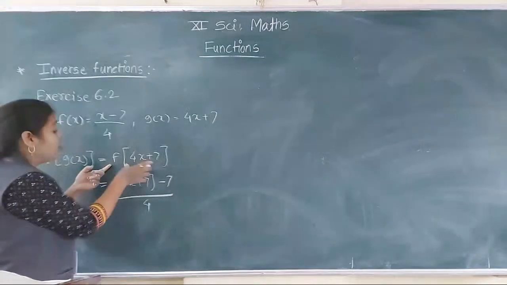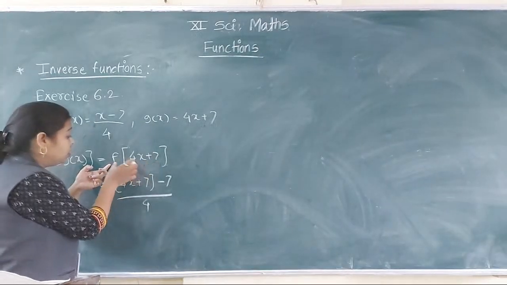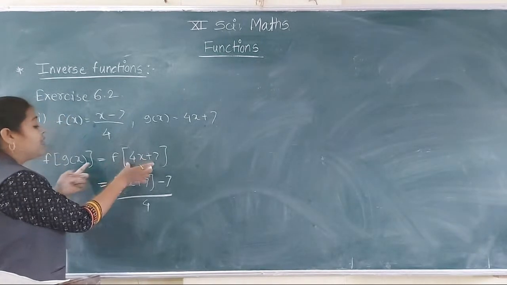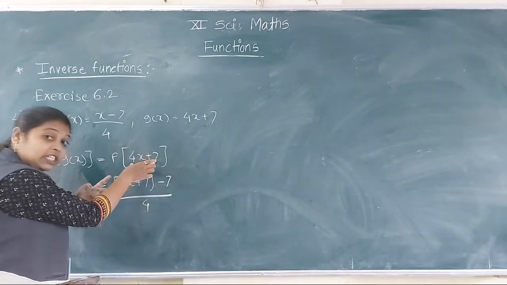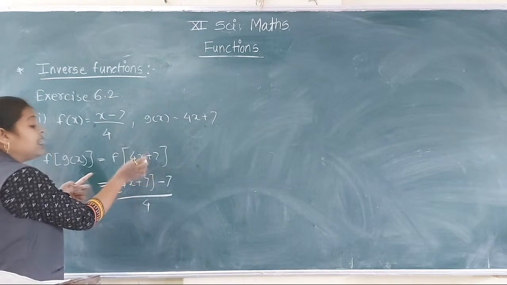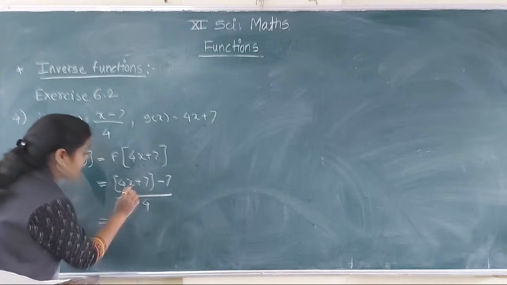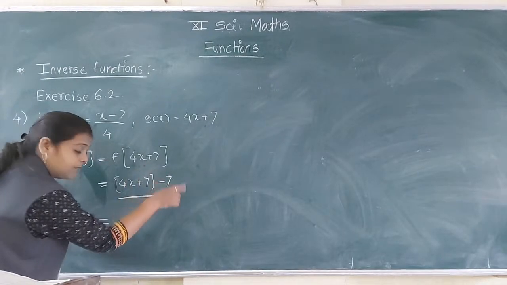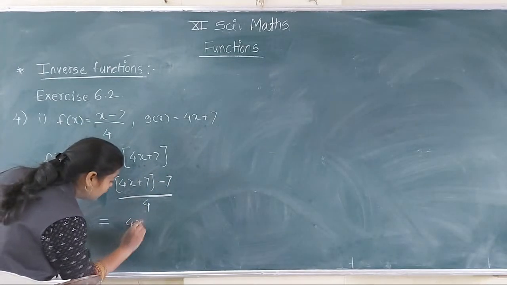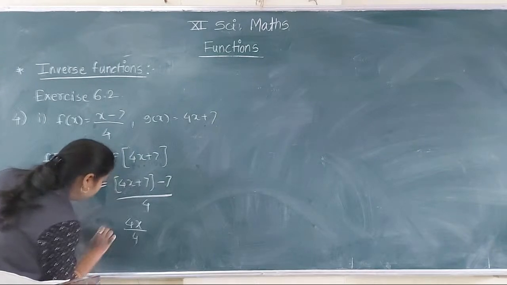So 4x plus 7 minus 7, plus 7 minus 7 get cancelled. 4x upon 4, that means it will be x.